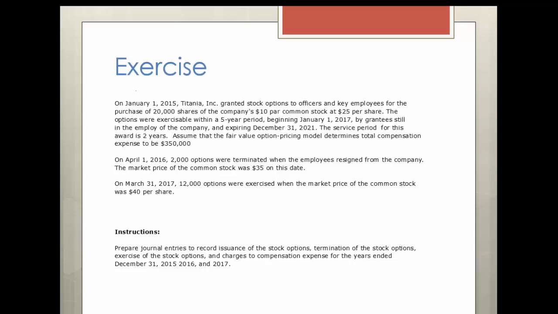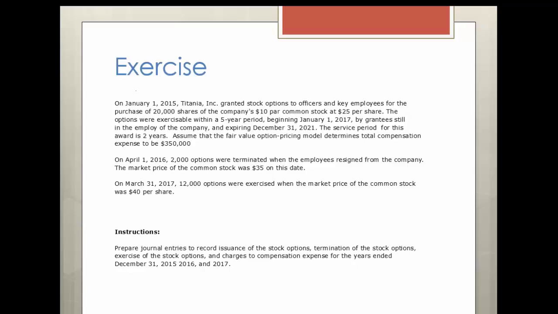Let's look at the next problem. This is January 1st, 2015. Titania granted stock options to officers and key employees for purchase of 20,000 shares of the company's $10 common stock at $25 per share. The options were exercisable within a 5-year period beginning January 1st, 2017 by grantees still in the employ of the company and expiring on December 31st, 2021.